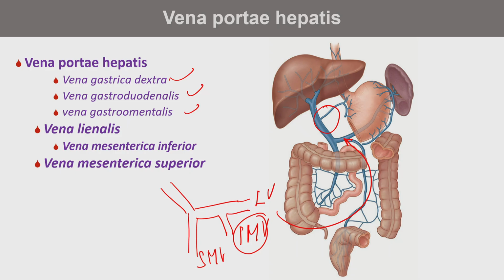The portal vein itself has only one inflow, and this inflow is the right gastric vein. So the portal venous system is taking blood from all the gastrointestinal tract, including those glands which are developing there. So it's the pancreas and also the lymphatic organ spleen.